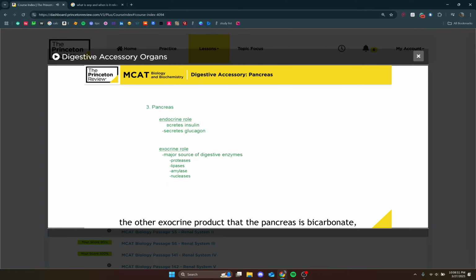Now, the other exocrine product that the pancreas makes is bicarbonate, because all of these enzymes are getting dumped into the small intestine, and most enzymes prefer to work at a neutral pH around 6, 7, 8. But the stuff coming out of the stomach into the small intestine is at a very low pH. Stomach is very acidic, about pH 1 or 2.